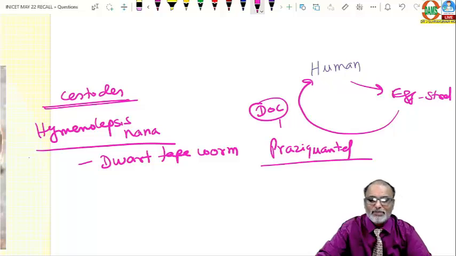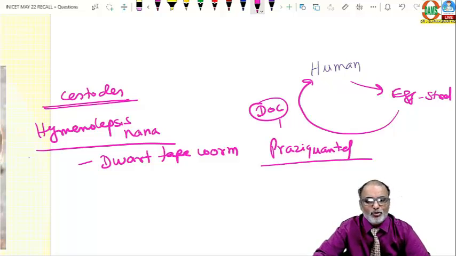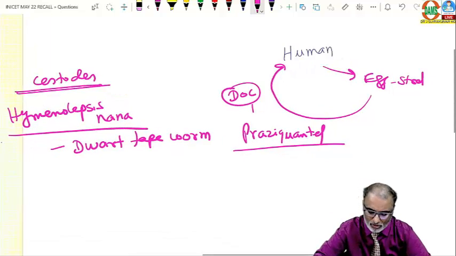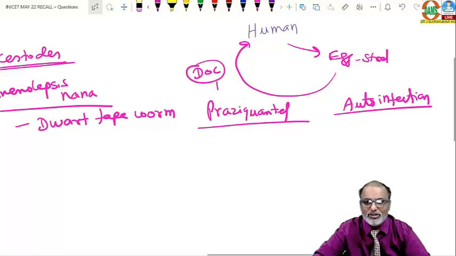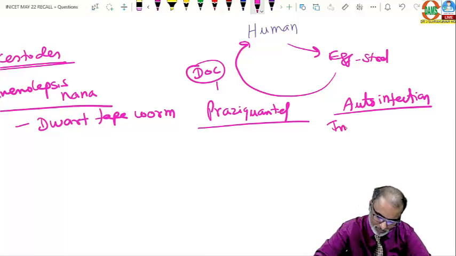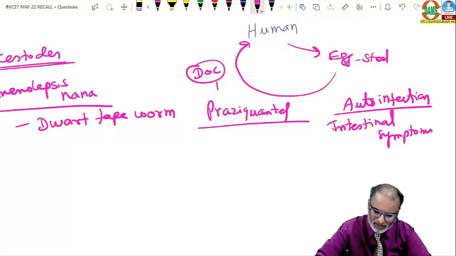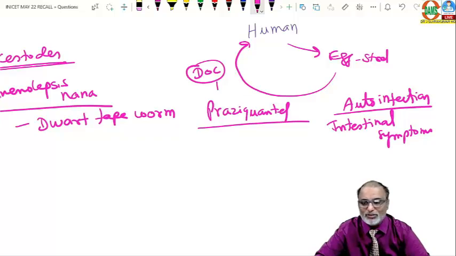It also causes autoinfection. Usually it is asymptomatic. Rarely it causes intestinal symptoms like abdominal pain, cramps, diarrhea, those kinds of things.